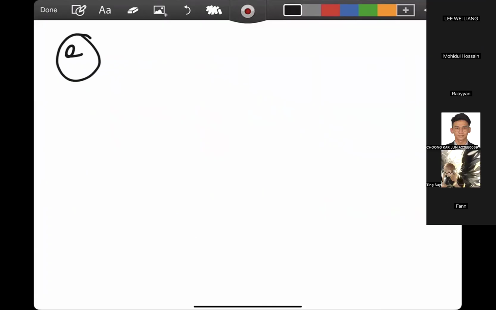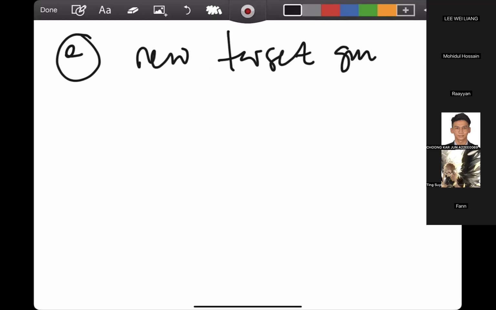And the final one is new target. New target gain margin is 30 decibel. Okay.